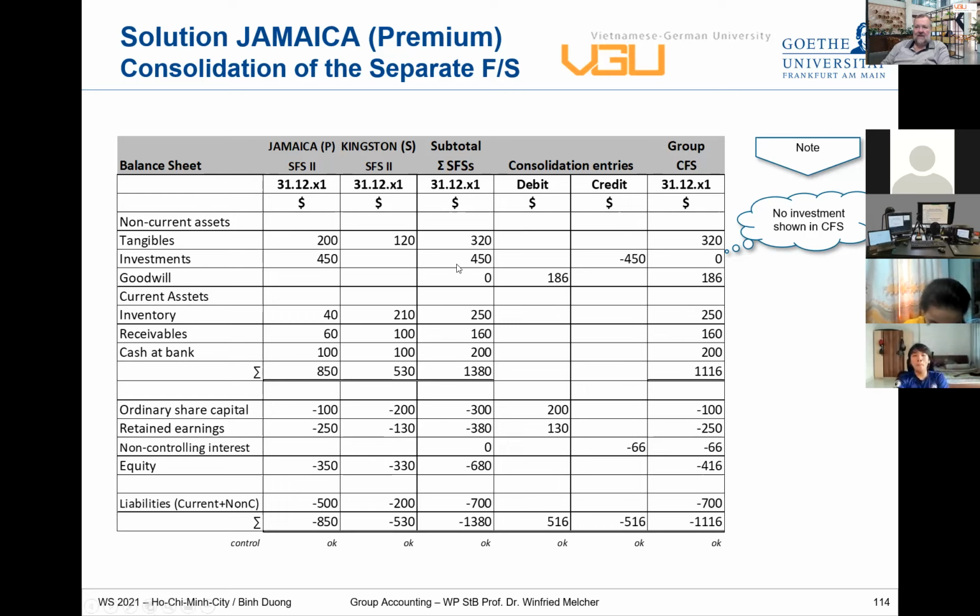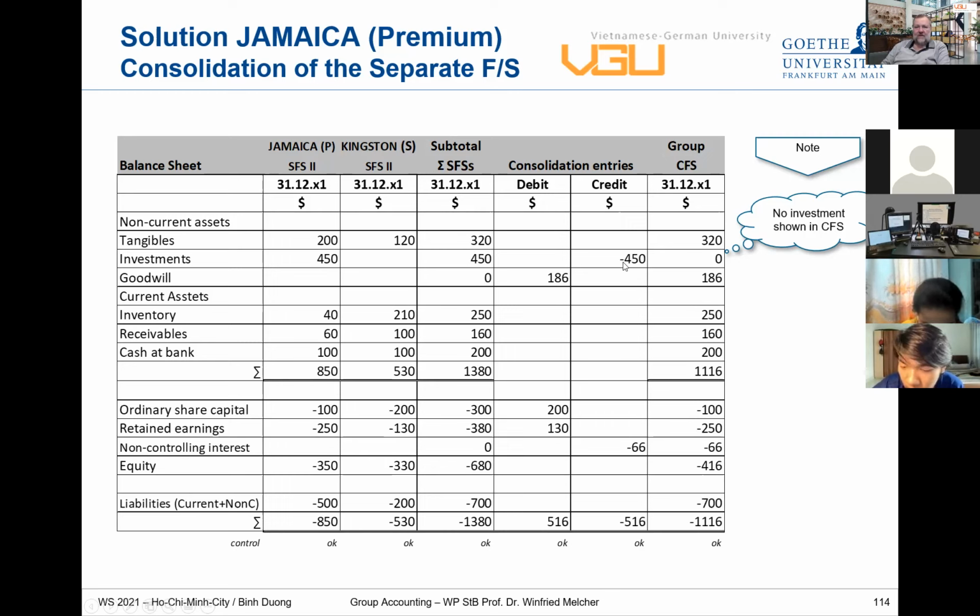So we have to eliminate the investment whose assets we have allocated to the group. To do that, we will just enter a credit of 450, so no investment will be shown in the consolidated financial statements. What else do we know?